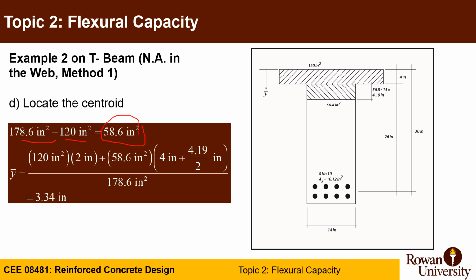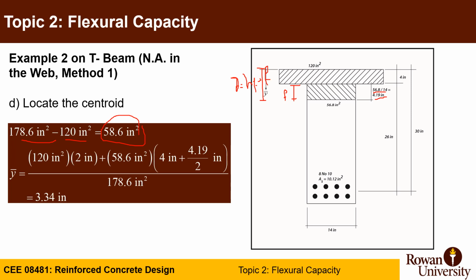If you divide this 58.6 by 14, it gives you 4.19, which is this coordinate here. We can call it F. So F equals 4.19, and therefore A is equal to the flange thickness HF plus F, which is 8.19.